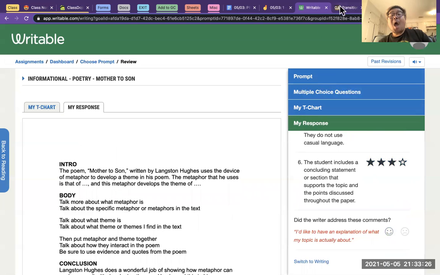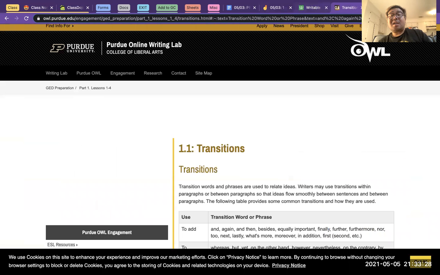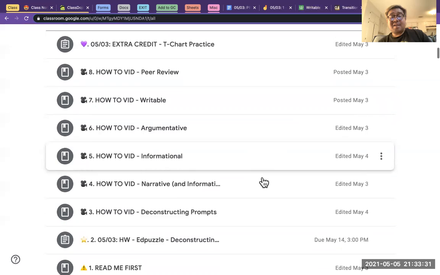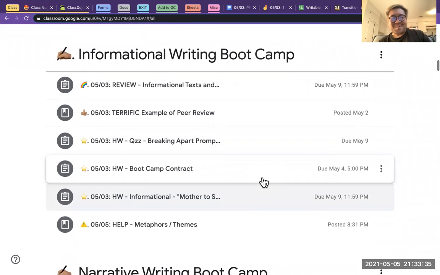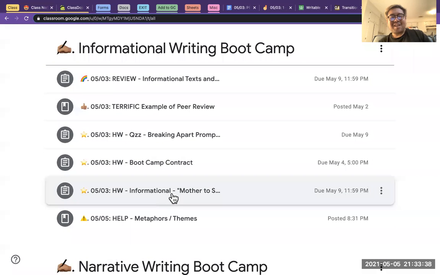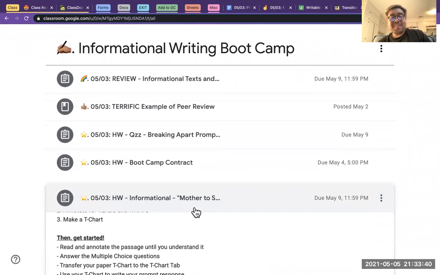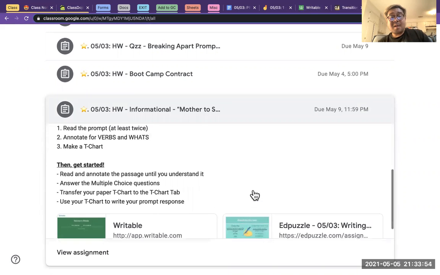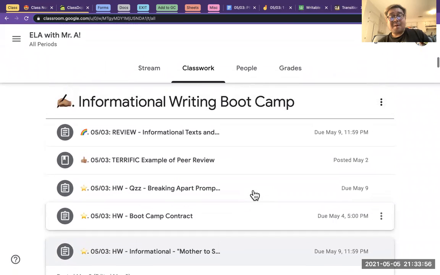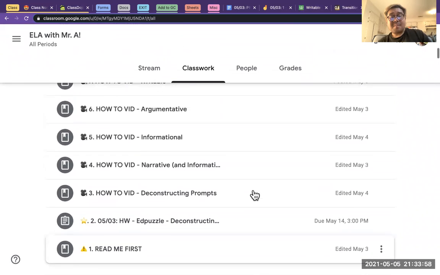Okay. Really quickly, this assignment is under Informational Writing Boot Camp 503, homework informational. You can go on Writable through clicking on this link, or if that doesn't work, just log into writable.com directly. Here's your Edpuzzle if you need reminders on how to break down a prompt and make a T-chart. And I think I posted something. I can't remember where I posted it.